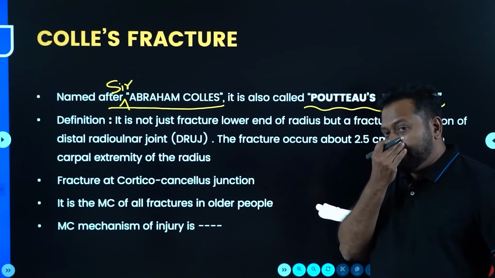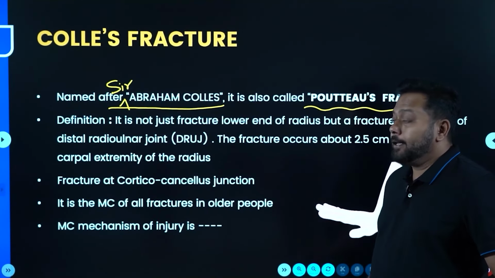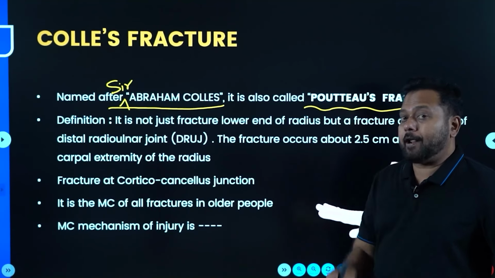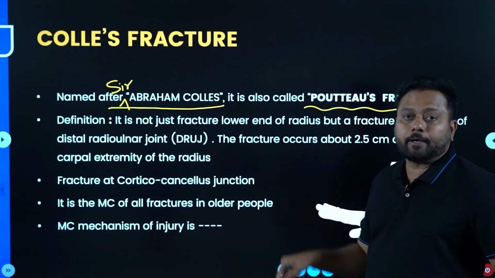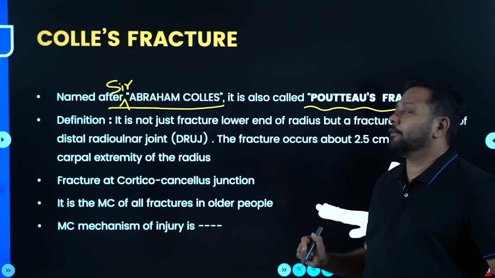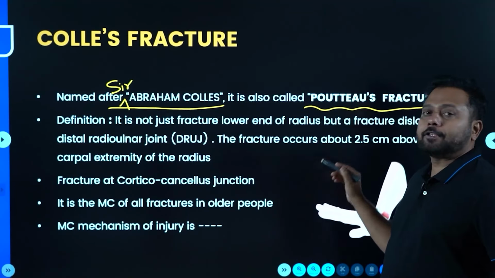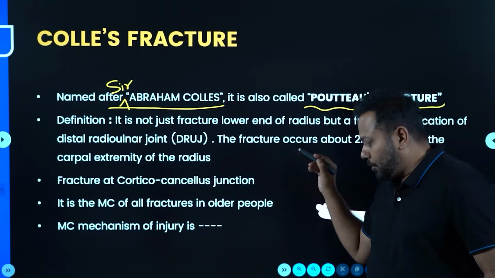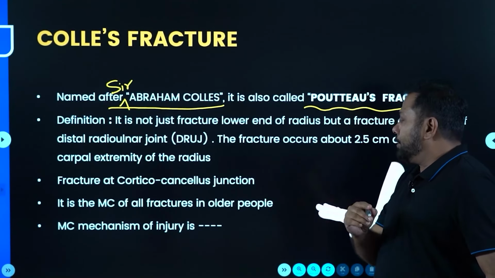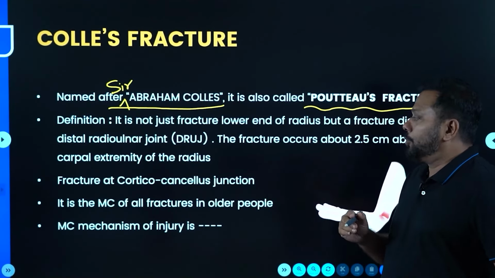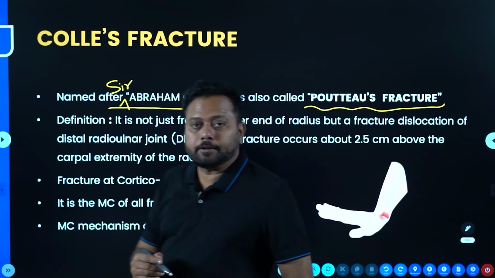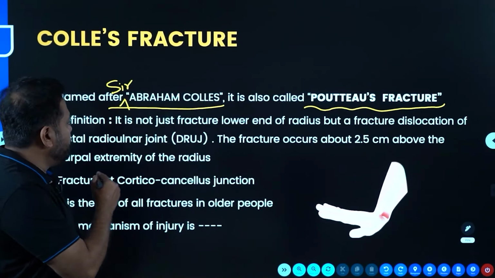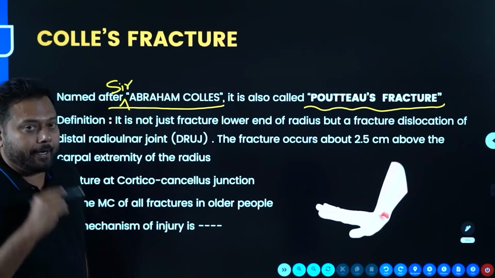The definition of Colles fracture is very important. It is not just a simple fracture, it's a fracture dislocation. So concentrate on the definition. It's not just a fracture of the lower end of radius, but a fracture dislocation of the distal radioulnar joint. The fracture occurs about 2.5 centimeters above the carpal extremity of the radius.